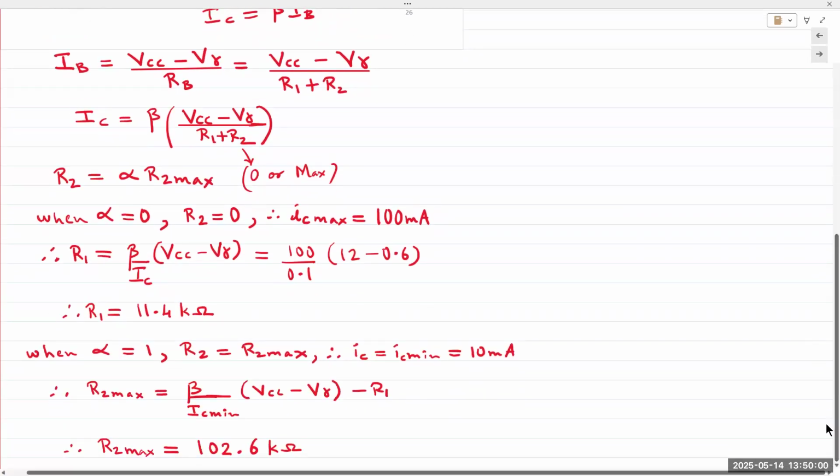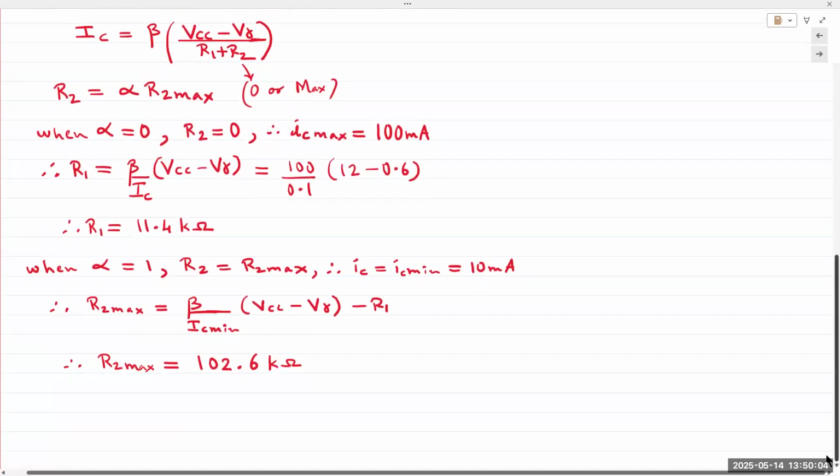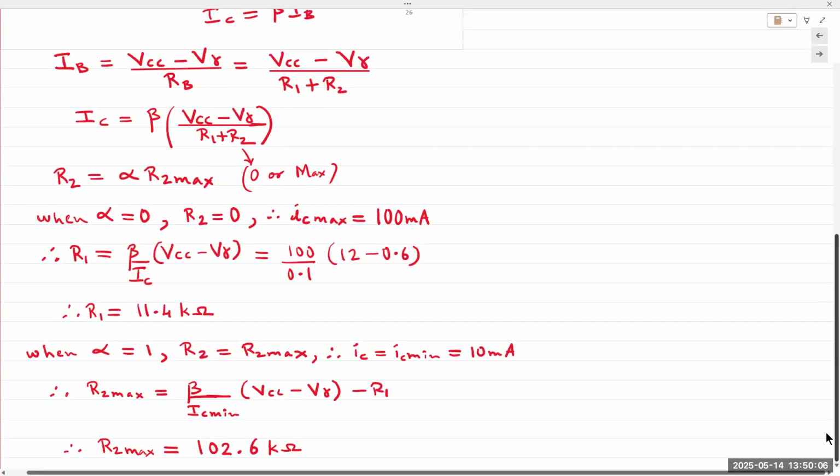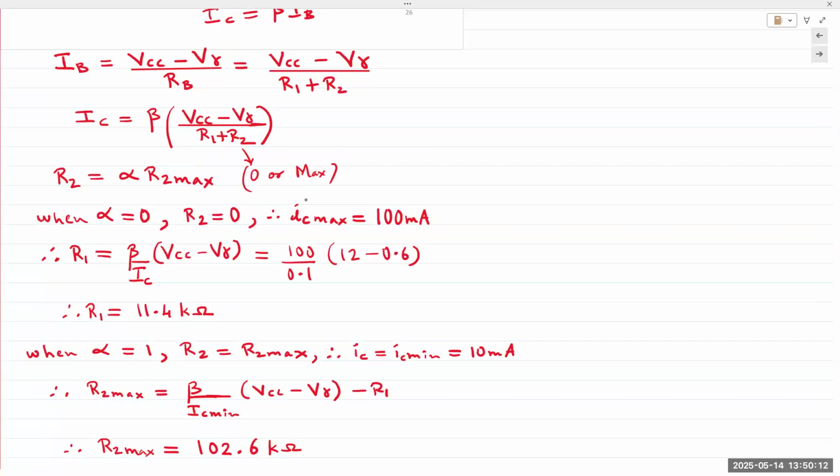All right. So when alpha is equal to 0, R2 is equal to 0, we get the IC maximum value. Now, the IC specification is given: it can vary only between 10 milliamps and 100 milliamps.